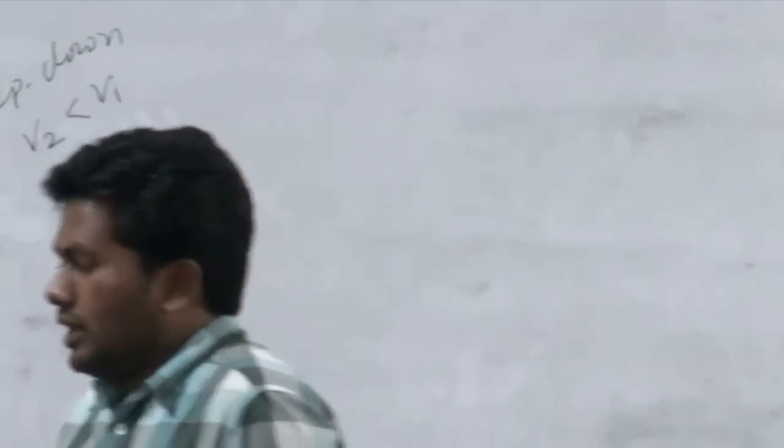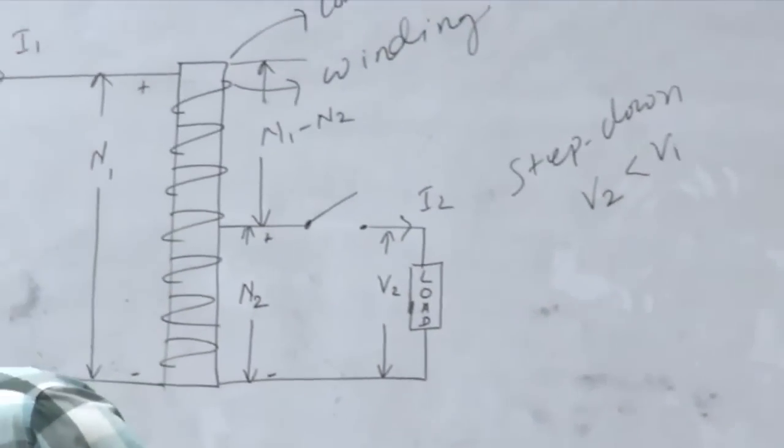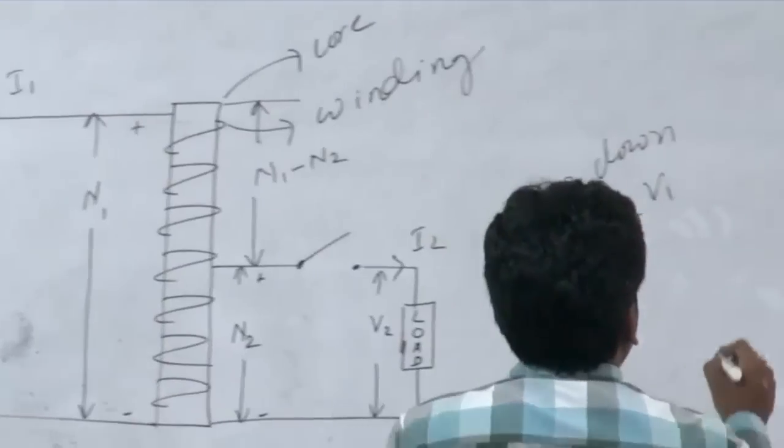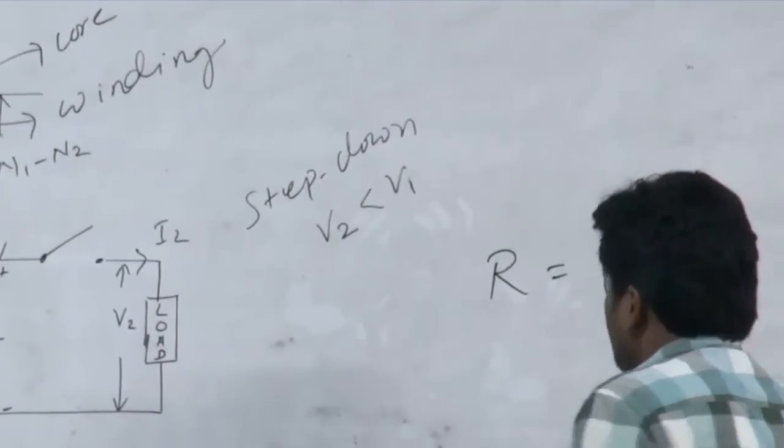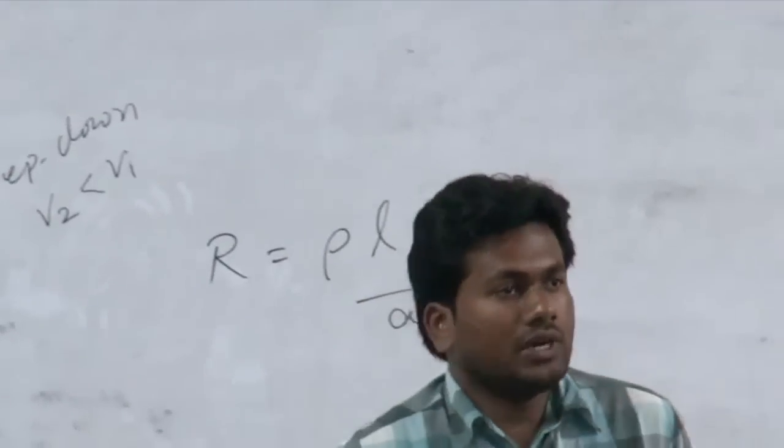What amount of losses is going to be minimized, that we have to find out. Before that, as all of you know, R equals rho L by A. Yes or no? This concept has to be studied first. What do you mean by R equals rho L by A?